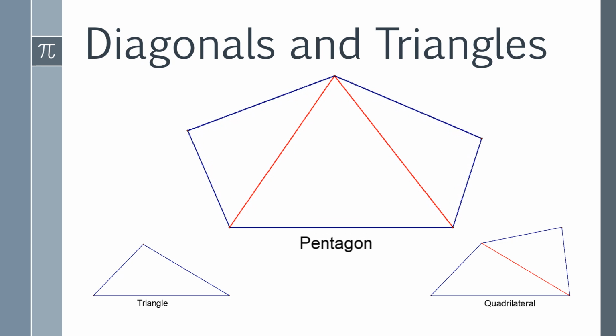So here I have a pentagon. Again, from this vertex here, I can draw a diagonal here, and I can draw a diagonal here. And because of that, we end up with 1, 2, 3 triangles.